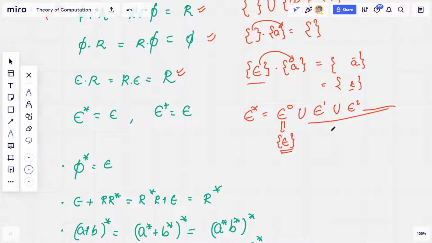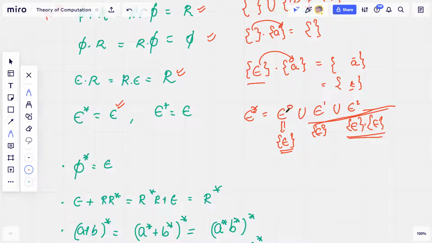Of course, here it will be simply epsilon, here it will be epsilon into epsilon. This is not a regular expression, but I just write it informally, you know that. So this is the language represented by this. This is the meaning of star, right? Instead of star, you put anything, 0, 1, 2, and you just union all the languages represented by the expressions. And we can see we are getting epsilon only, so it's epsilon.